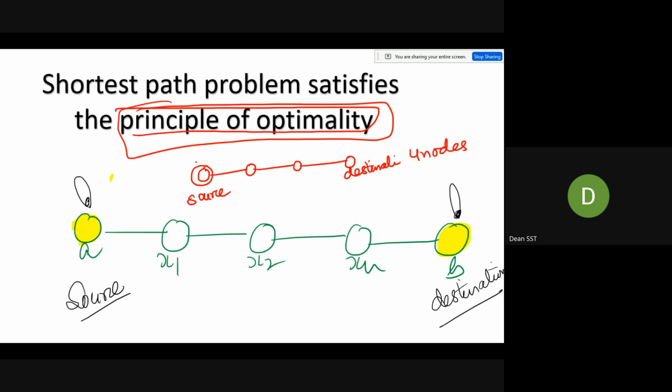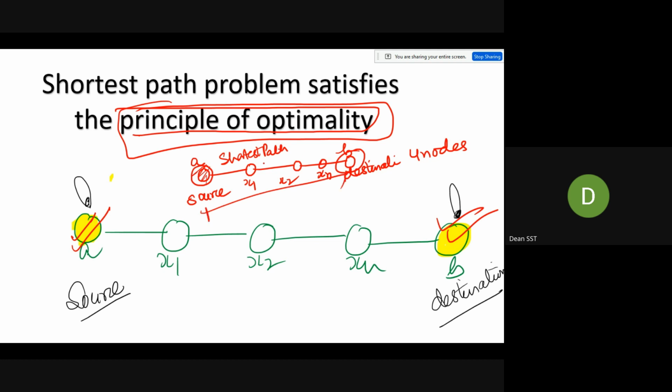Source is A and destination is B, and in between we have nodes x1, x2, xn. Is it clear? Suppose we have found the shortest path from A to B.